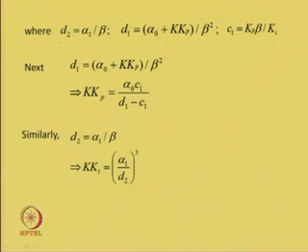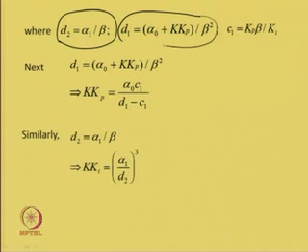Now, we have D2 expressed as alpha1 upon beta, D1 expressed as alpha0 plus k Kp upon beta square, and C1 equal to Kp beta upon Ki. These are the 3 variables we have in the standard transfer function.